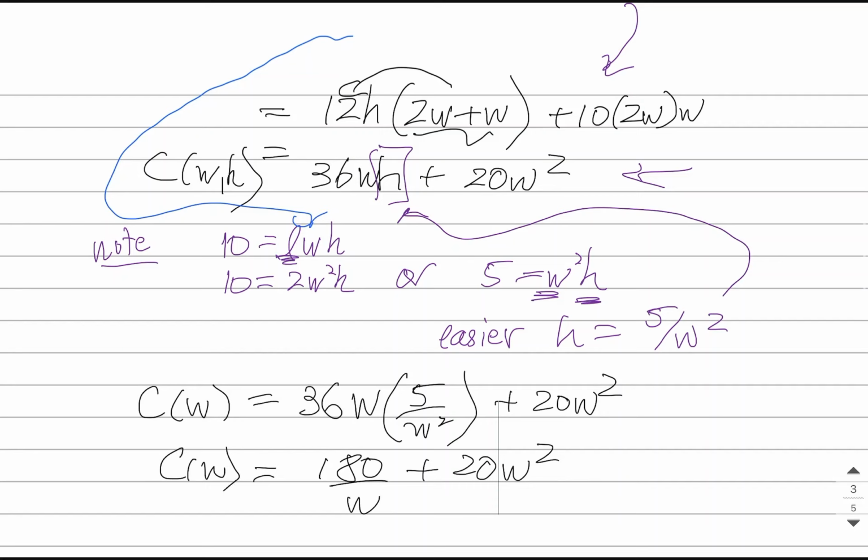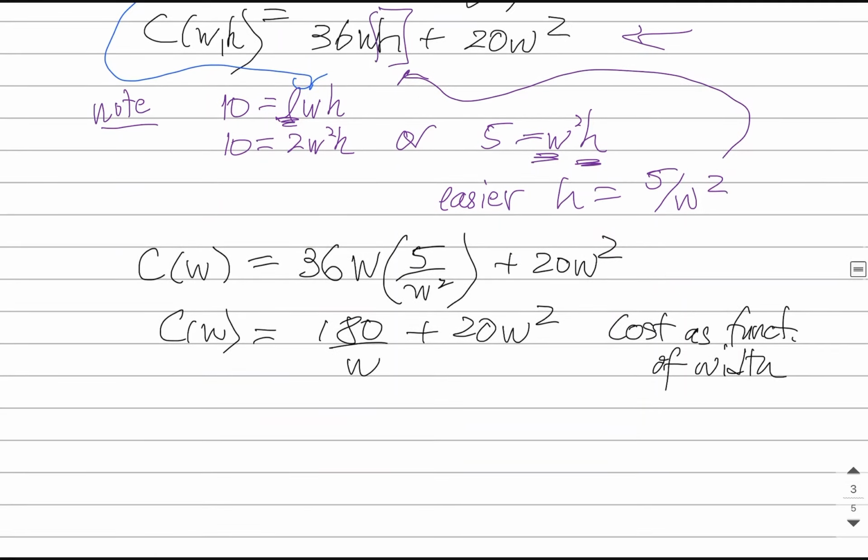So this is cost as a function of the width. Now, if I really wanted to, I could have made it cost as a function of length or cost as a function of height, but it just turned out that the details of this problem made my life a bit easier if I just studied it this way.